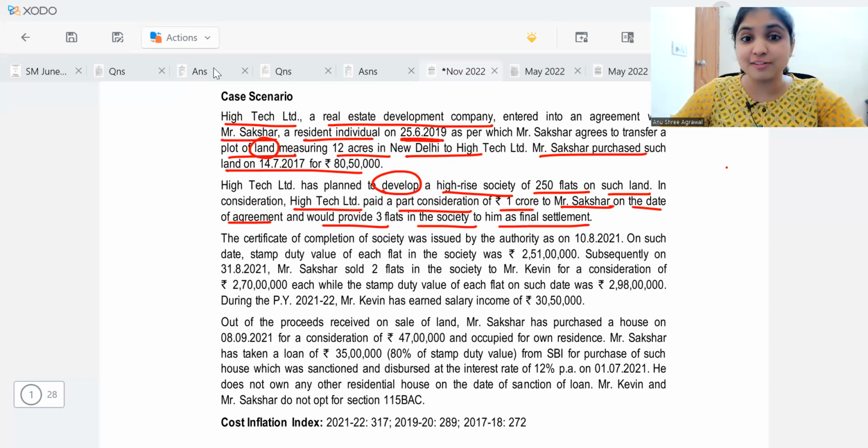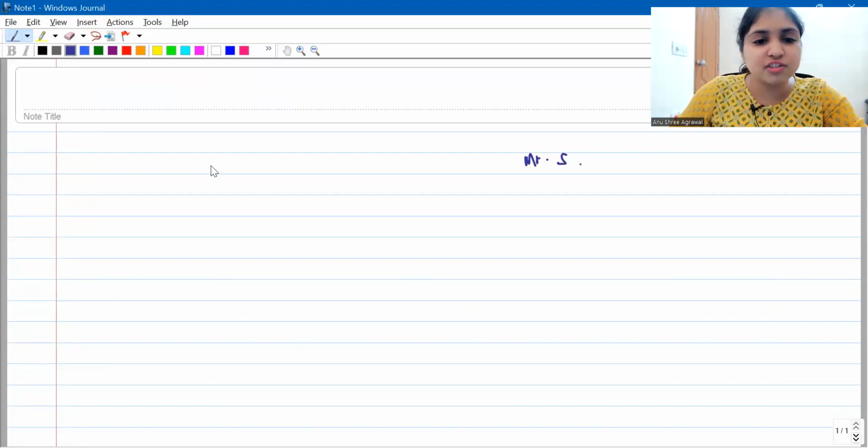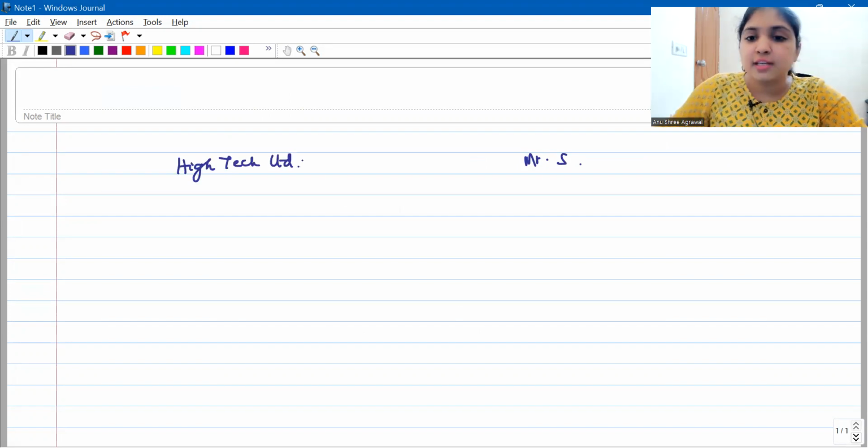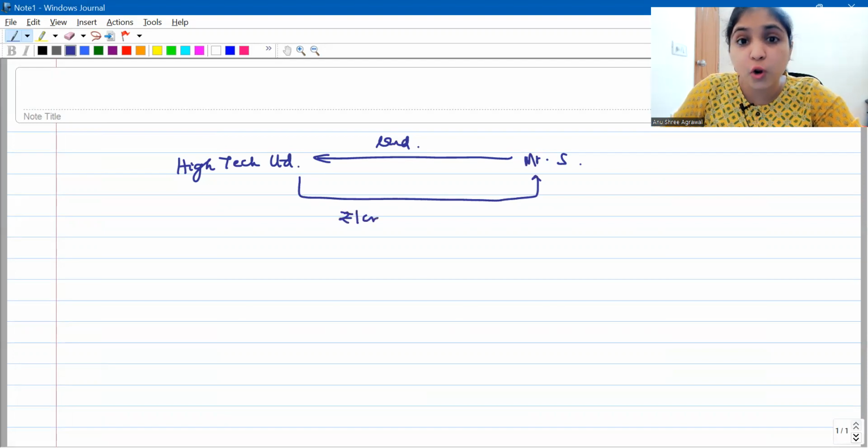What has happened here? Try to understand the story. We have two people. We have Mr. Sakshar, and then we have this construction company, this development company, High-Tech Limited. Right? So Mr. Sakshar has transferred his plot of land to High-Tech Limited. High-Tech Limited is going to give Mr. Sakshar rupees 1 crore on the date of agreement.